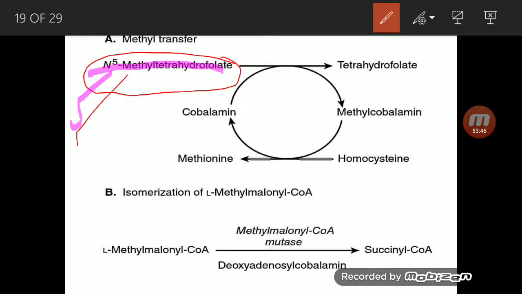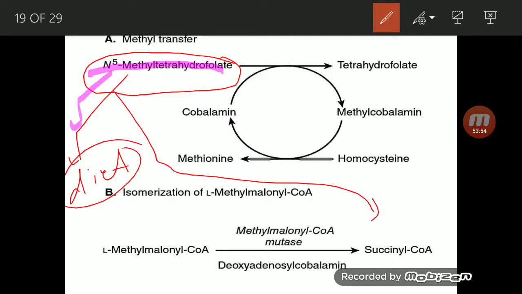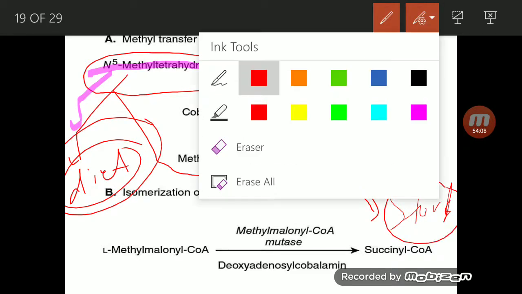This is what you get from your diet, and this is the form in which folic acid is stored as well. It is how it is stored in your body as well.